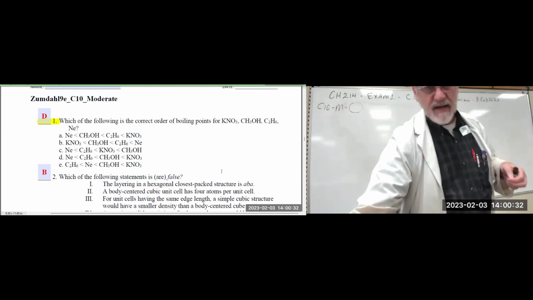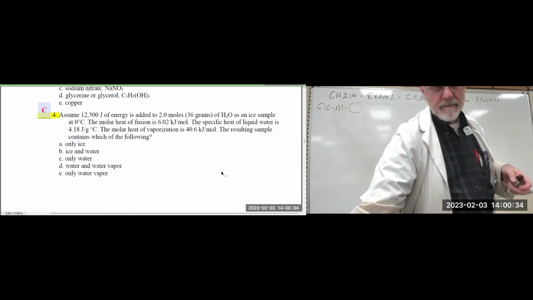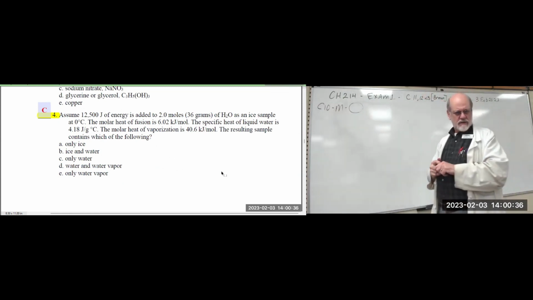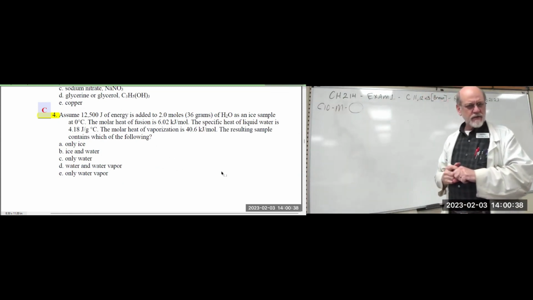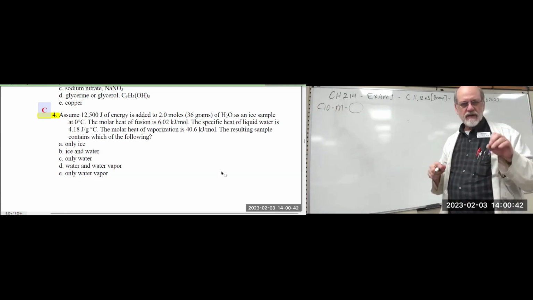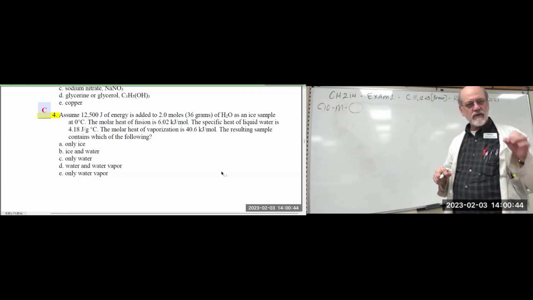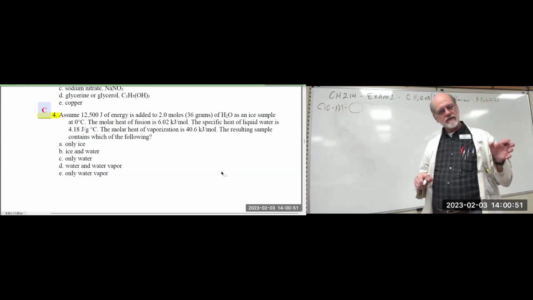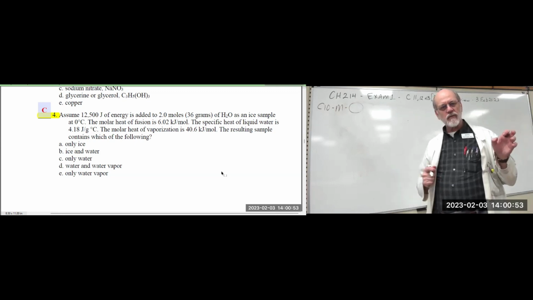Let's see. Assume 12,500 joules of energy is added to 2 moles of water as an ice sample at exactly 0 Celsius. The molar heat of fusion is 6 kilojoules per mole.